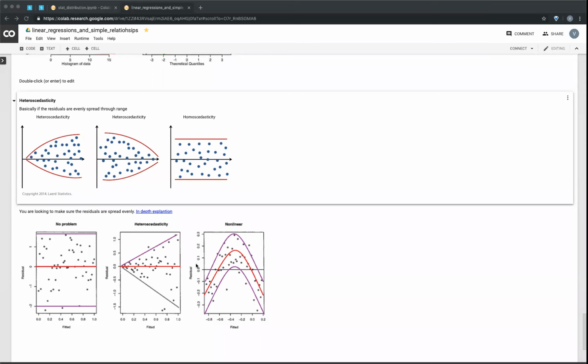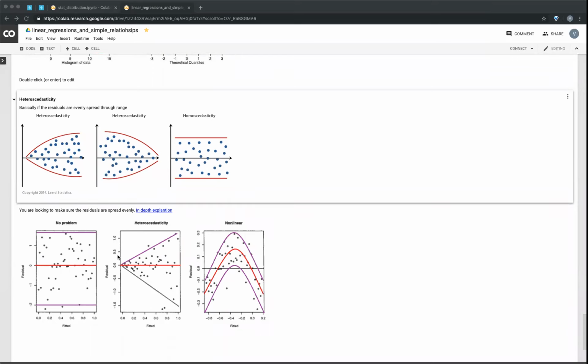So the homoscedasticity was almost like parallel lines, and hetero seems to have some sort of pattern. And we prefer homoscedasticity because it suggests there's no pattern here that we're not accounting for.